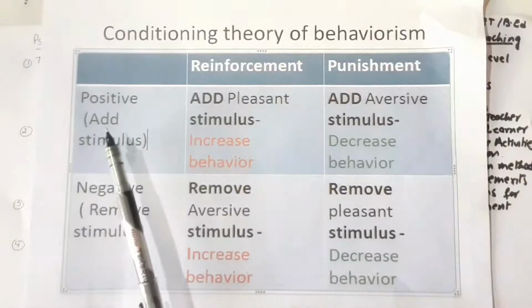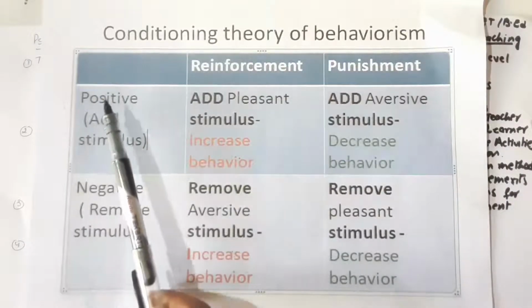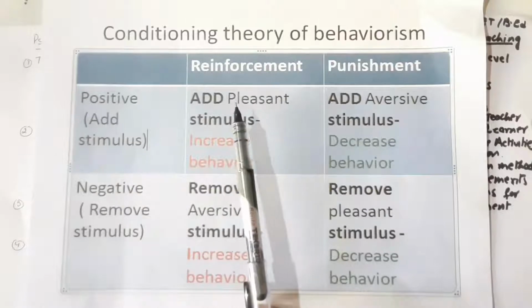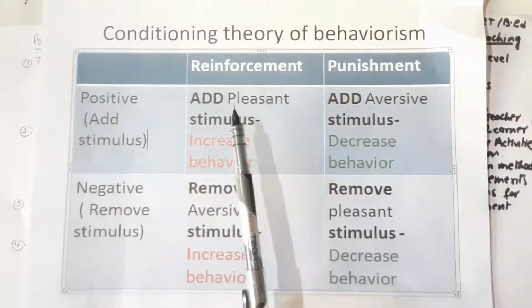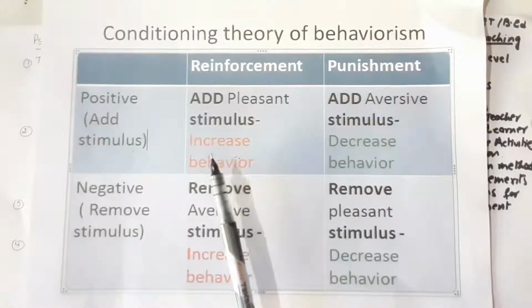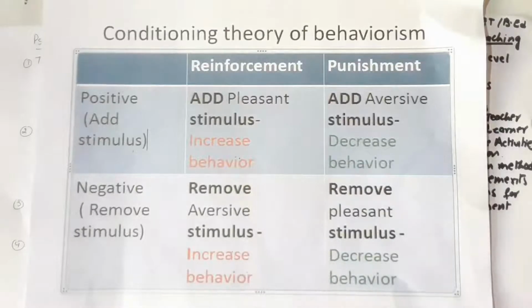Let us take the examples here. For example, adding the stimulus. If the stimulus is pleasant, then it will increase the behavior. For example, if we are giving something to the child which the child likes to have, which he enjoys, whenever he is showing some positive behavior, then the tendency of showing that positive behavior will increase.